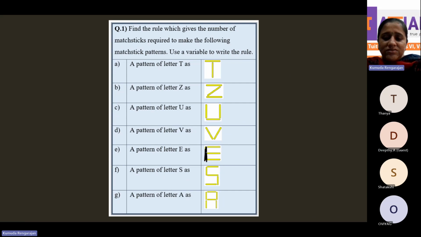If they used only one stick, because one stick is actually sufficient. So 1, 2, 3, 4, depending on how many sticks they're showing. So 4n.